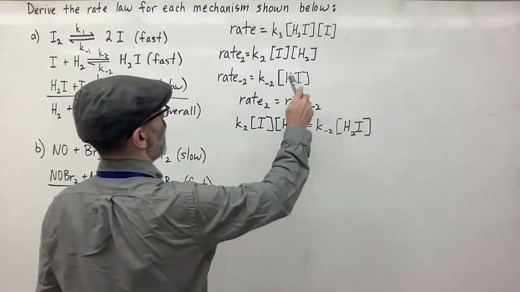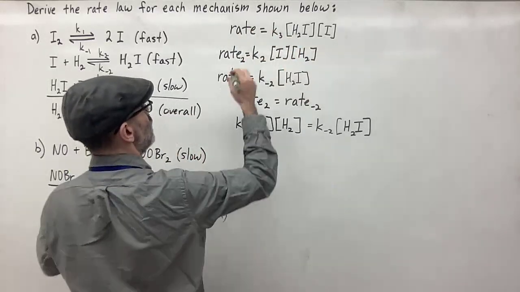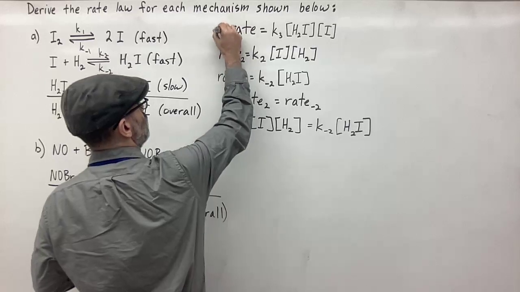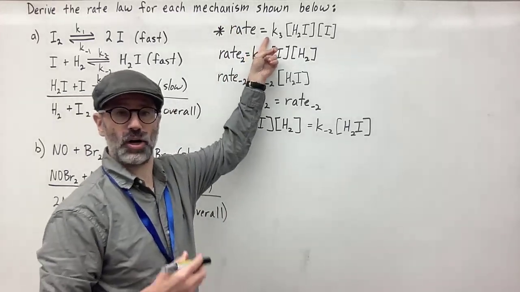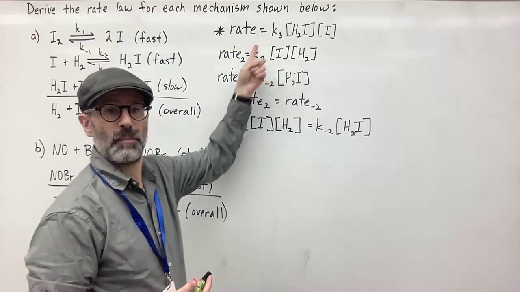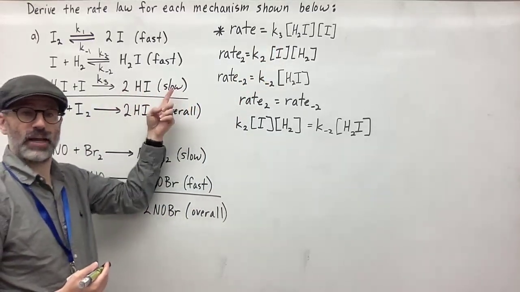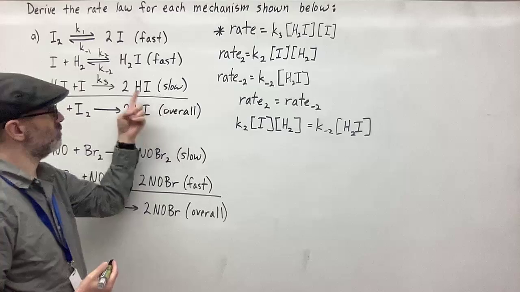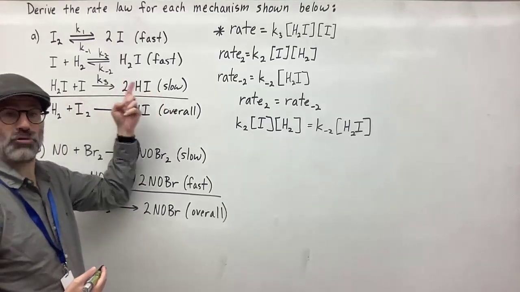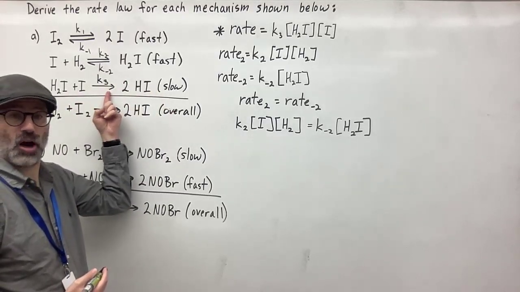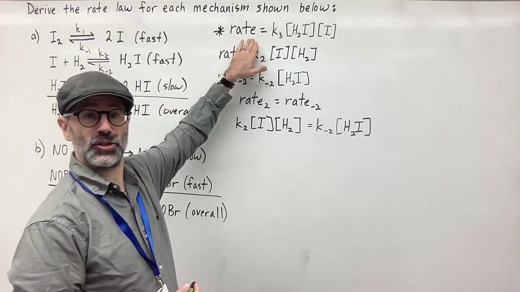Here is the equation we're trying to get, so let's put a star next to that one. This is our rate law based on the rate determining step. So this is the one we're going to substitute into.